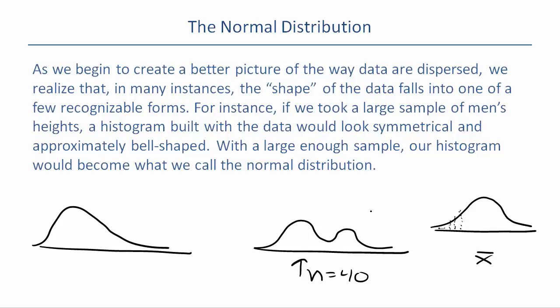And the average of all of those samples, if you take the average of the averages, more or less, is going to perfectly match the average, what we call mu, of our population. And it doesn't matter what shape the population is. When you sample from it over and over and over again, that distribution of samples will always be normal.